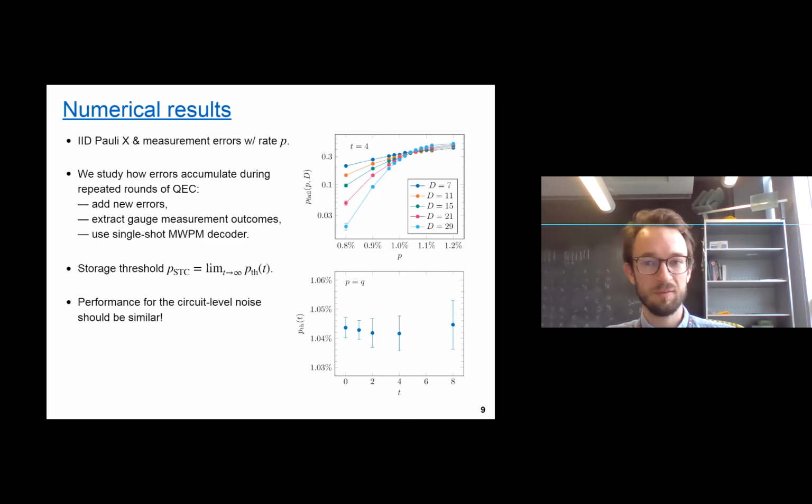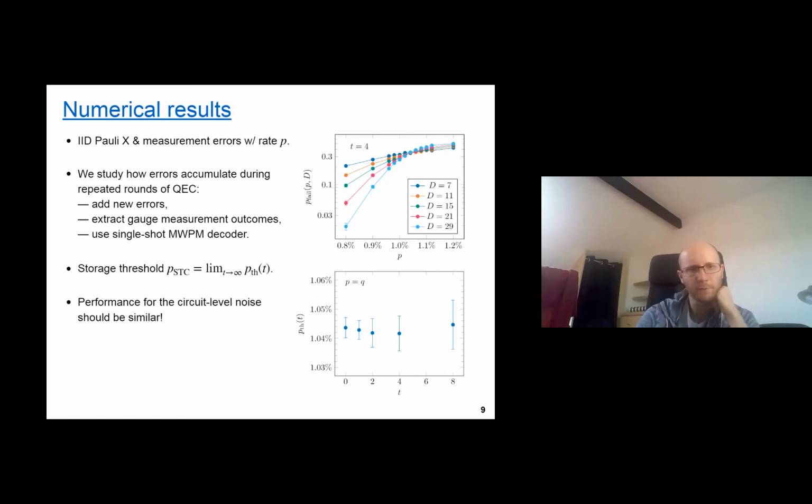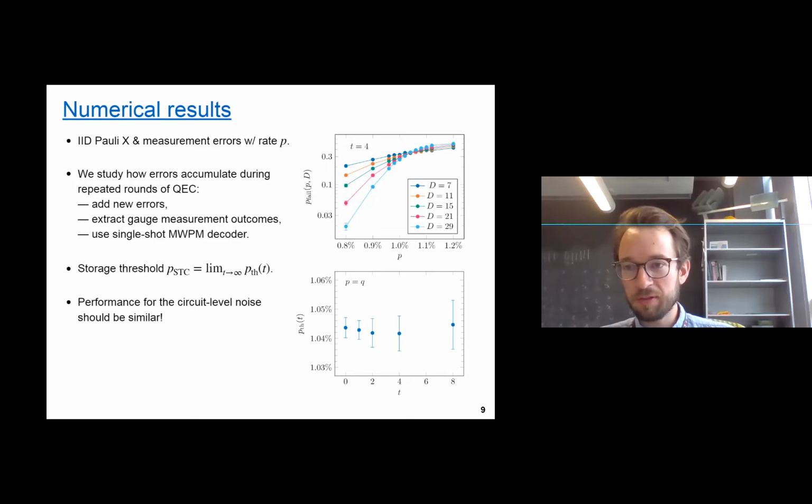Interesting. One of the things: have you done these similar simulations for the Z errors as well? Yes, the Z error is completely analogous, because it's CSS, so it would just be the same problem.